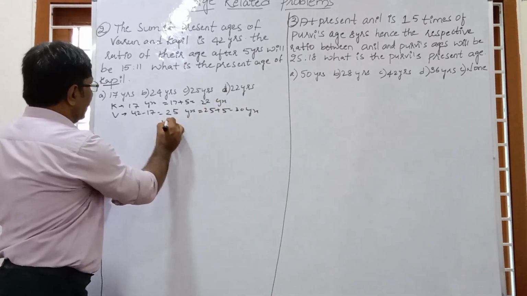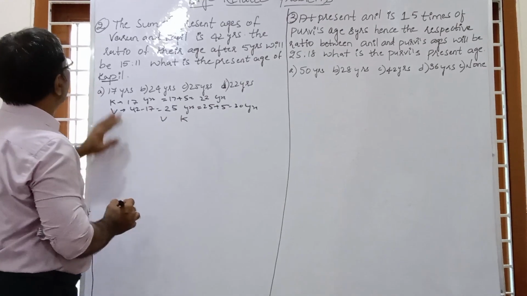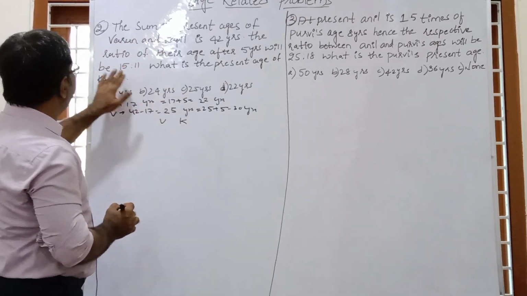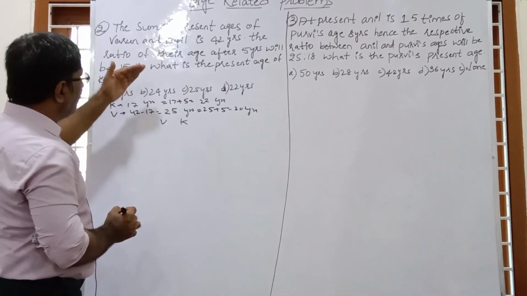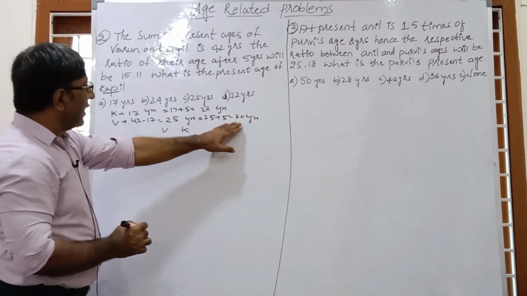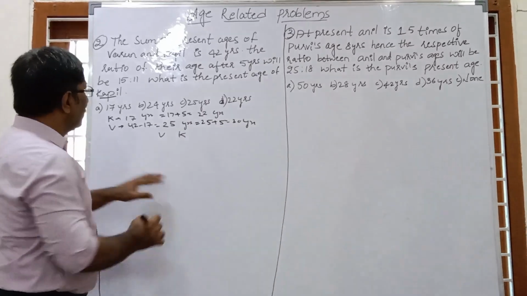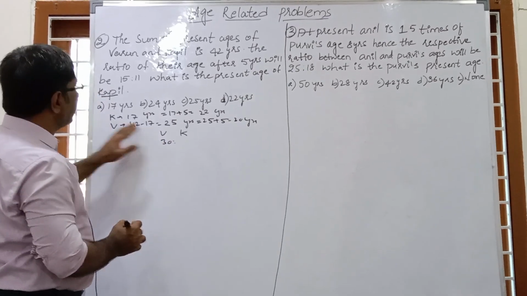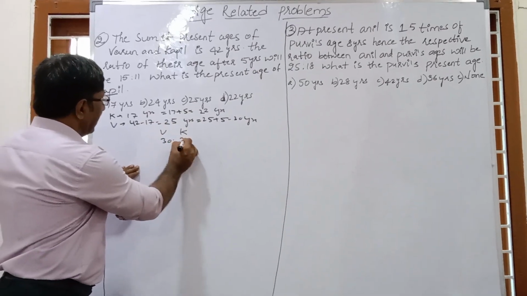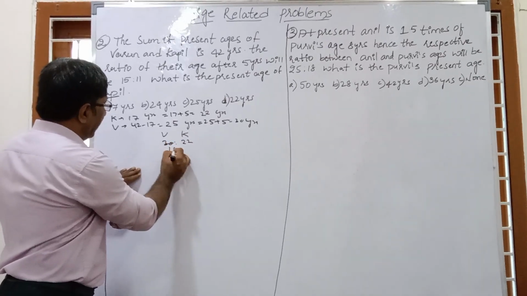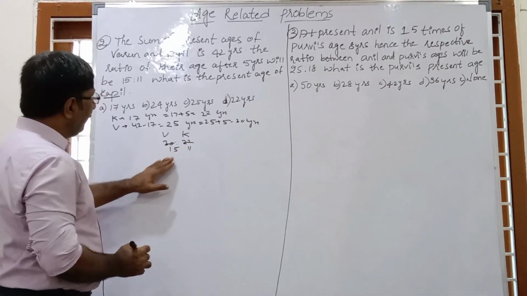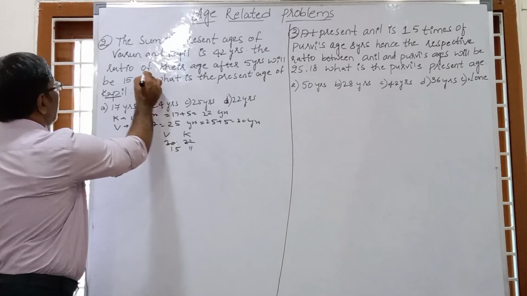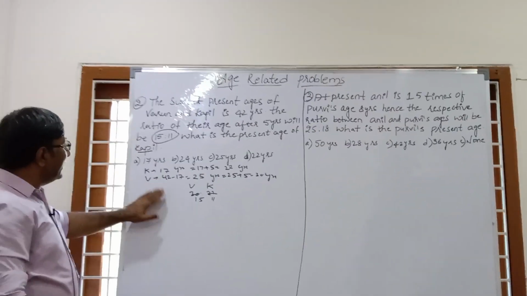It is clear this is Varun and this is Kapil, because the Varun to Kapil ratio given is 15:11 after 5 years. So Varun after 5 years is 30, and Kapil after 5 years is 22. So 30 to 22 is 15 to 11, which matches the question. So our assumption is right.